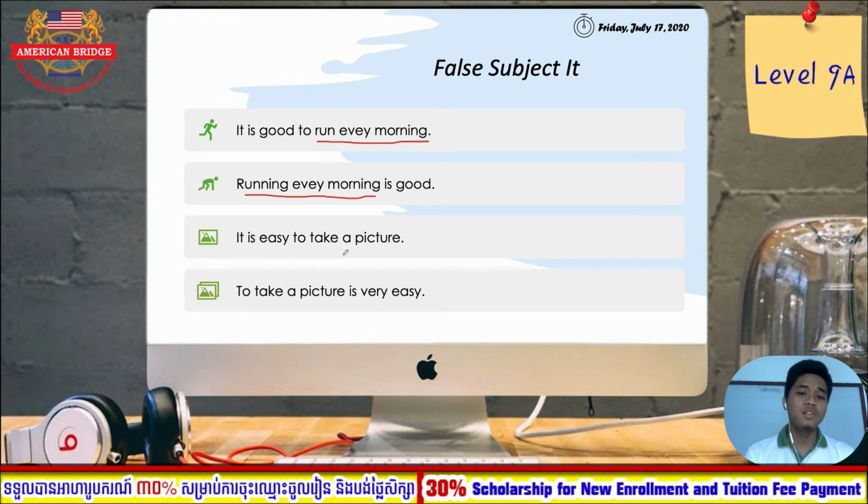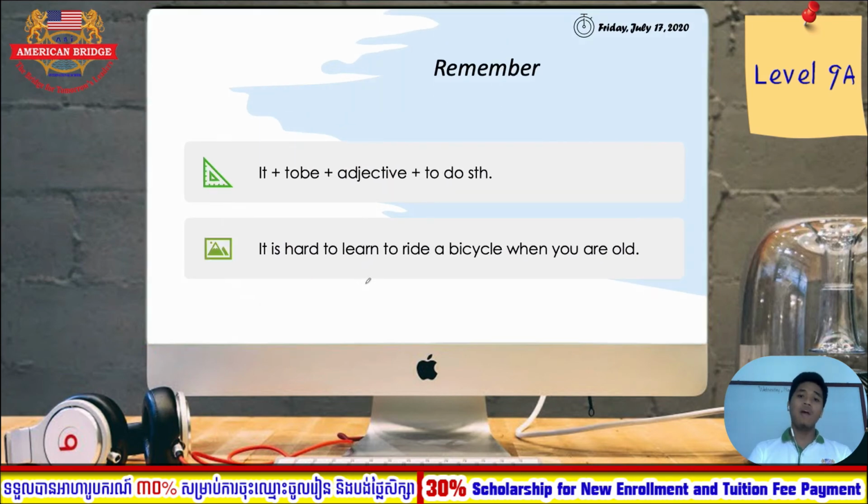It is easy to take a picture. So to take a picture functions as the subject as well. To take a picture is very easy. However, there are some structures that you can use with the to infinitive, and generally it follows the same structure.